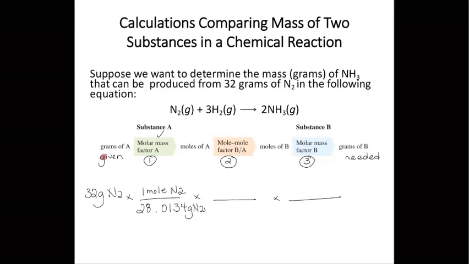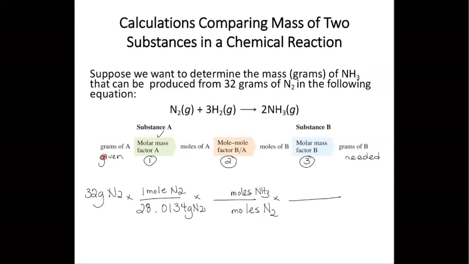Next one, I'm going to use the coefficients in my balanced chemical equation to relate the 2 different compounds that I'm interested in. So I have N2 and ammonia. So it's moles of ammonia, moles of N2.